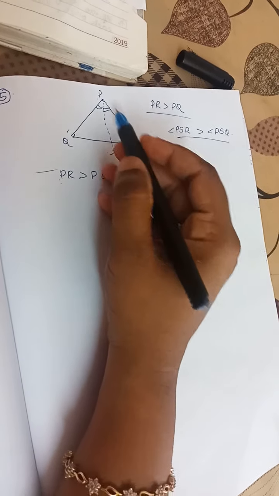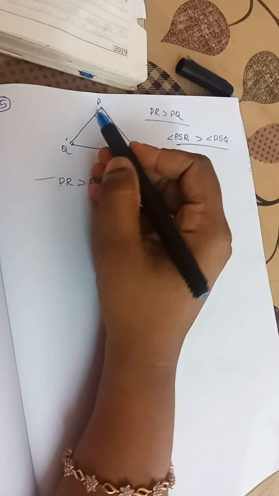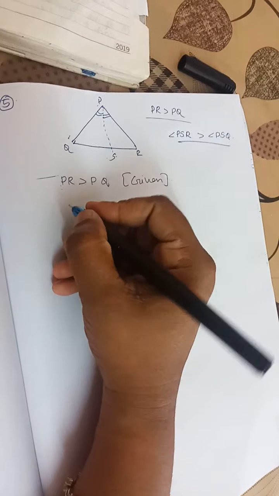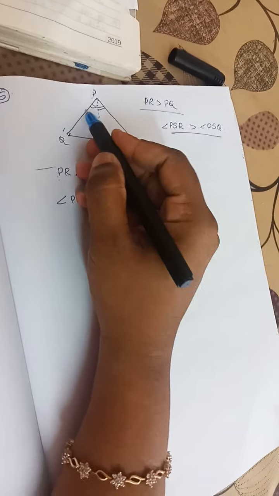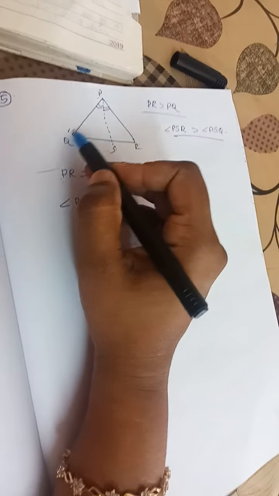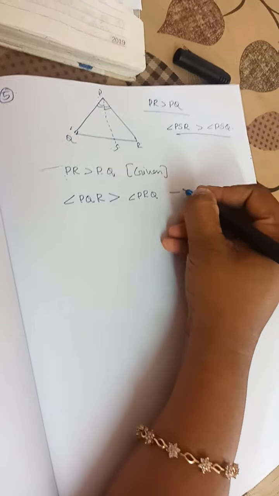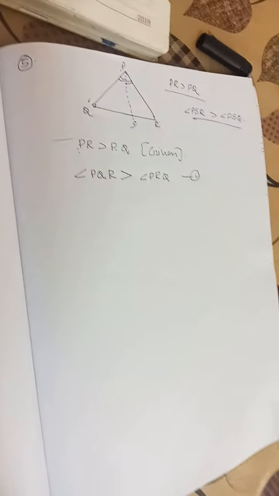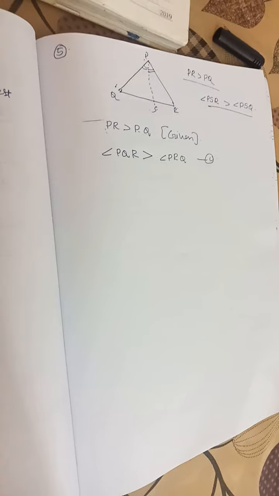Which is the greater side? PR. The opposite angle of PR is this Q, angle PQR, which is greater than the angle opposite to PQ, which is angle PRQ. So angle PQR is greater than angle PRQ, I am putting it as equation number 1. The reason, you should write in the bracket: angle opposite to the longer side is greater.